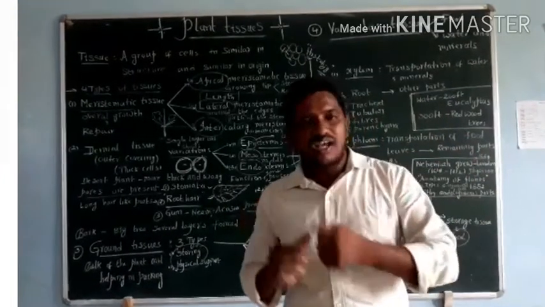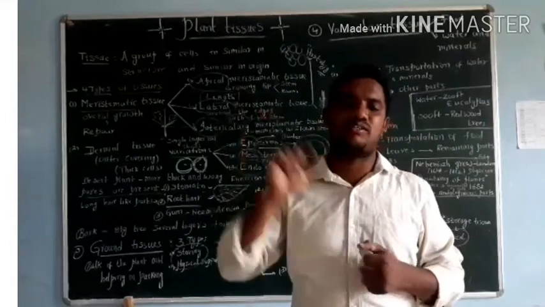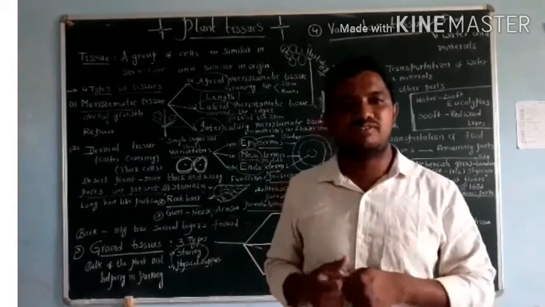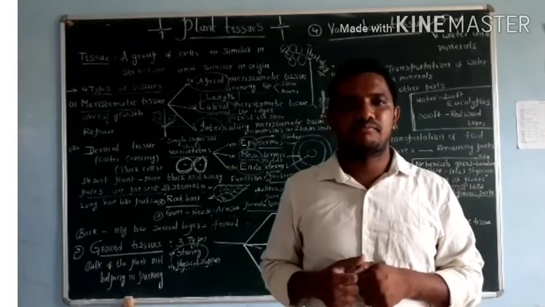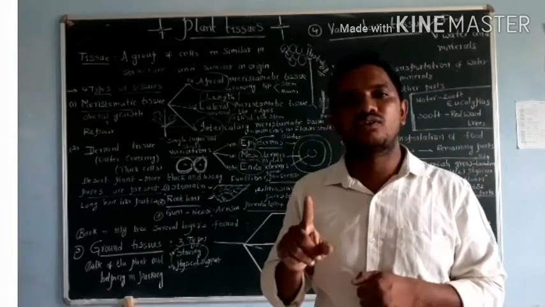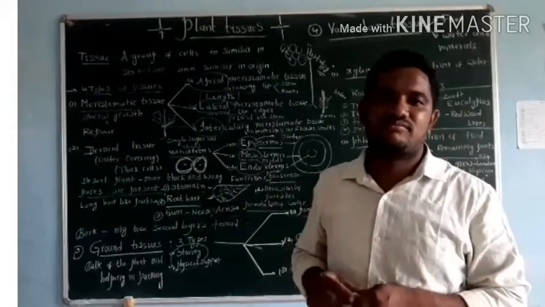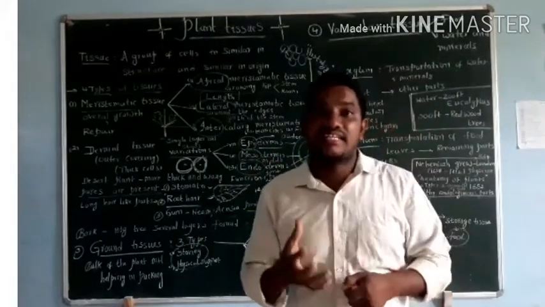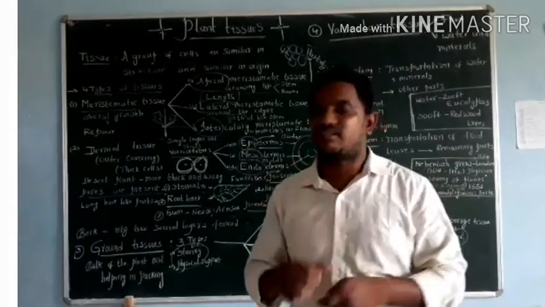Stomata are also called the nose of the plant body. We have a nose for our respiration process. Plants also have a nose, and that is the stomata. Gas exchange takes place through the stomata.